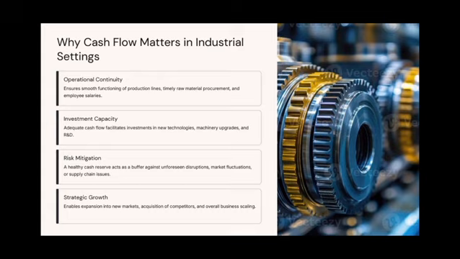A healthy cash reserve acts as a buffer against unforeseen disruptions, market fluctuations, or supply chain issues. Fourth one, strategic growth. Enables expansion into new markets, acquisition of competitors, and overall business scaling. So, due to these four reasons, cash flow is important in industries.